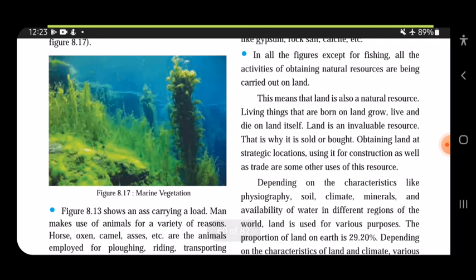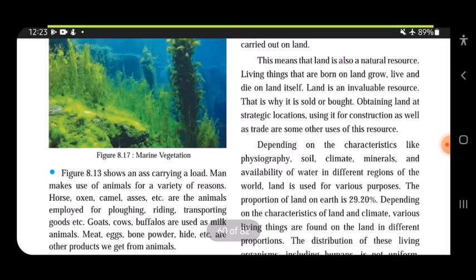In all the pictures that we have seen just now, except for fishing, all the activities of obtaining natural resources are being carried out where? They are being carried out on land, except fishing. This means that land is also a natural resource.